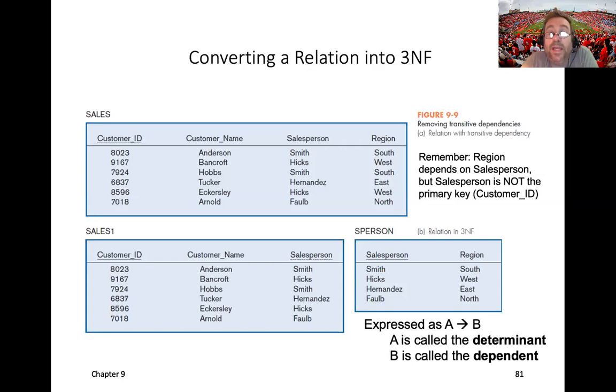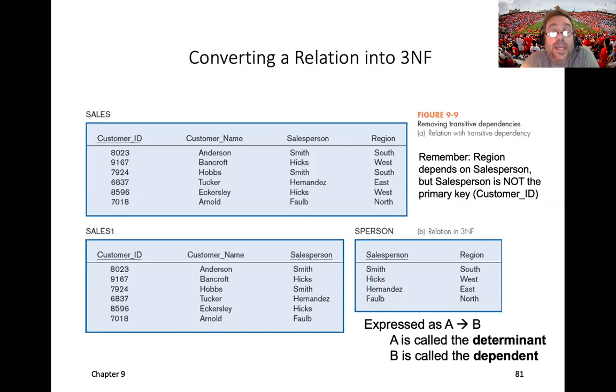Why don't we break out the salesperson and region relationship into their own relation, and call it S-person, as we have there on the right hand side, and let's create salesperson as a primary key. So now we're in 3NF. We have a functional dependency between salesperson and region, and because salesperson is now a determinant and a primary key, we've got no problem. So Smith functionally determines south, Hicks west, Hernandez east, and Falb north.